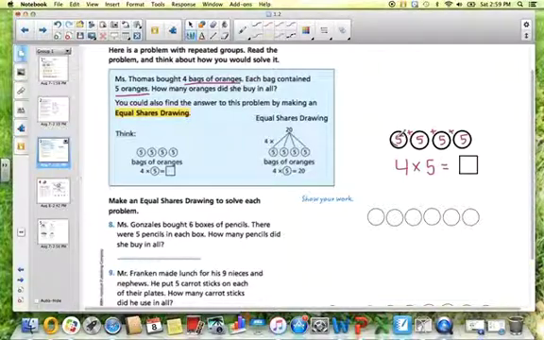So 5 plus 5, let's count by 5s. 5, 10, 15, 20. So all of these 5s come together to make 20. We added them all up, or we multiplied 4 times 5 equals 20. That is how you use the equal shares drawing.